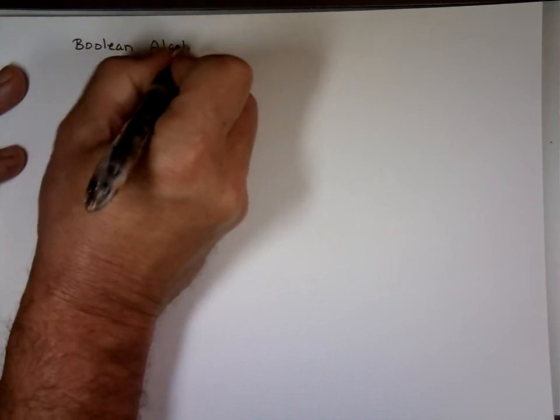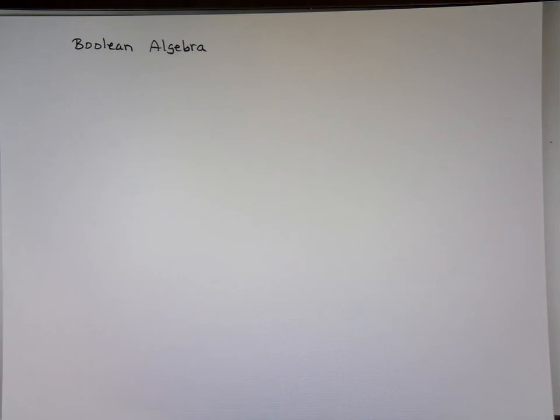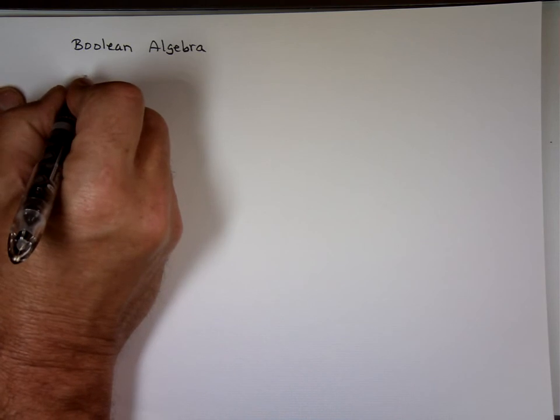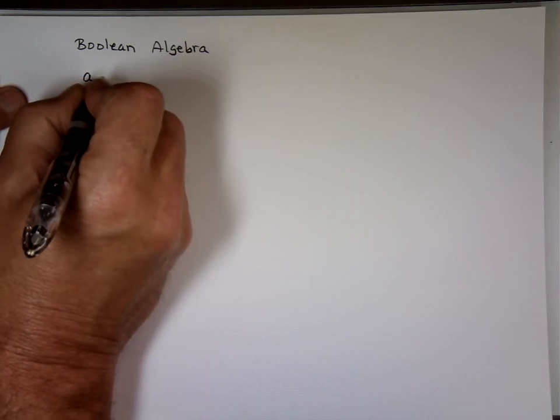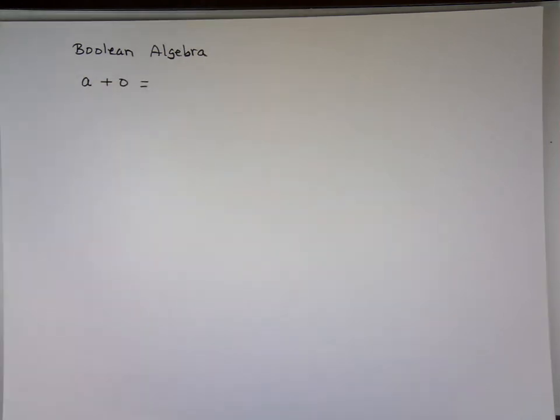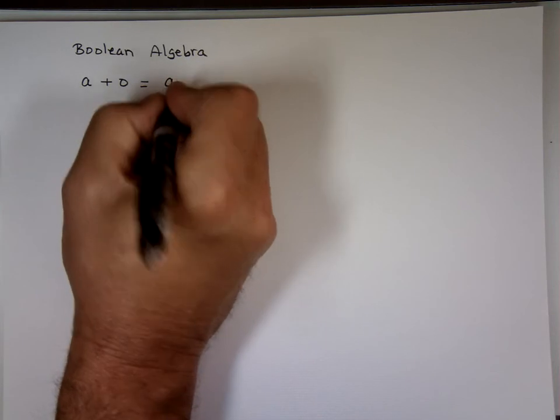Now, if you take A, which is unknown, and OR it with 0, what will happen? If you take an OR gate and attach one input to 0 and the other to A, what would you have? A. Because if A is 0, you'll get 0. If A is 1, you get a 1. So the result of that is A. Just like normal math.